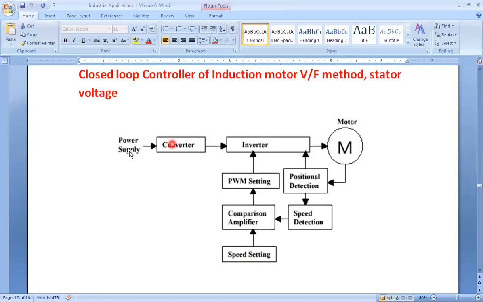Then from the single phase AC supply system, we can convert this AC voltage into DC, and this DC voltage is connected to the inverter. So that by controlling the proper voltage and frequency, we may achieve the 1300 rpm of the motor. So here, this speed setting is our desired speed setting.